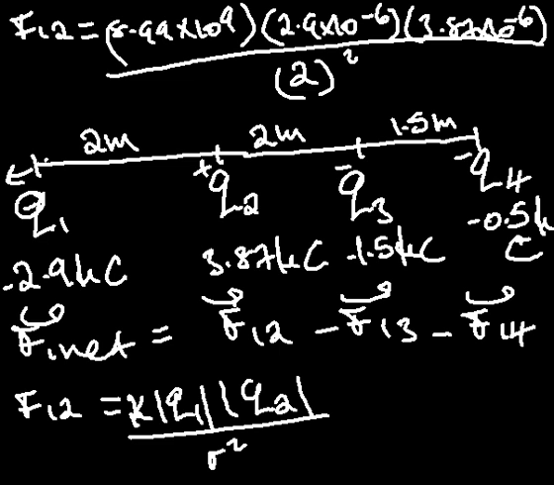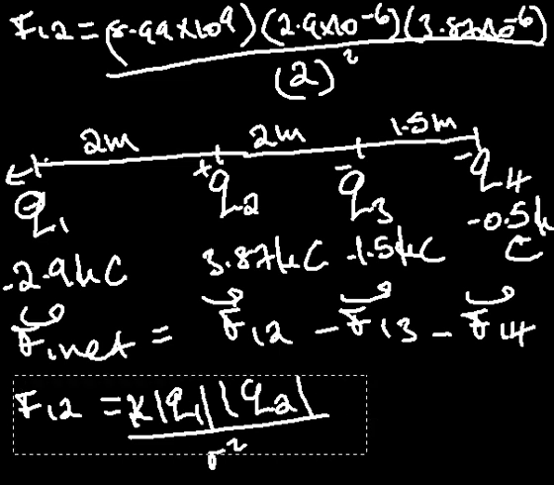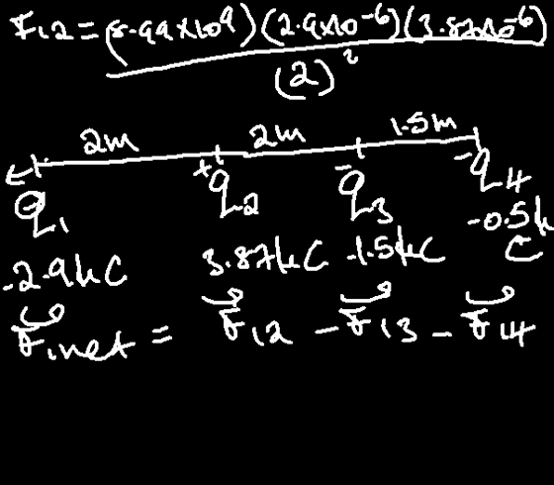So on top here we'll have F12. That will be given as 0.001, divided by what's the separation distance square?